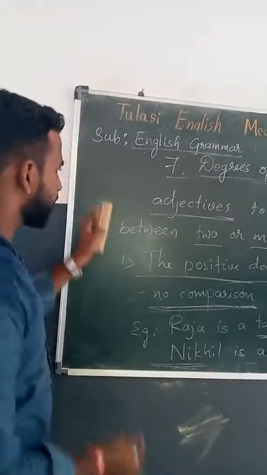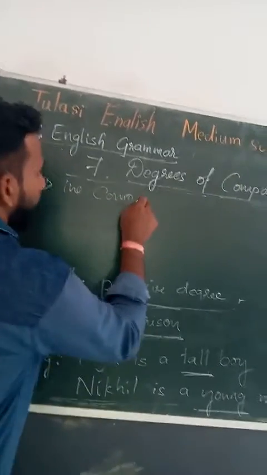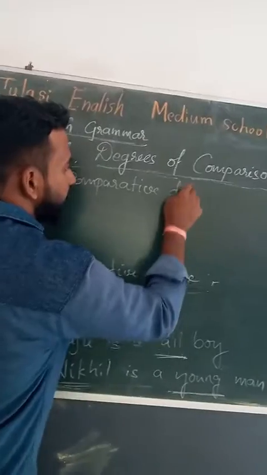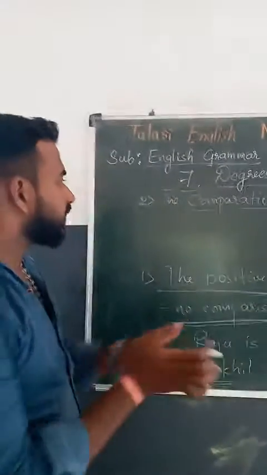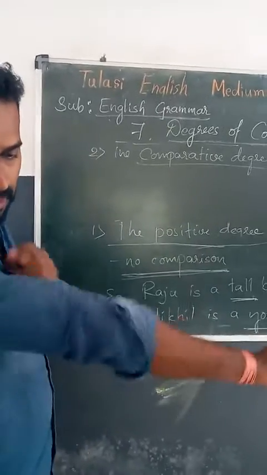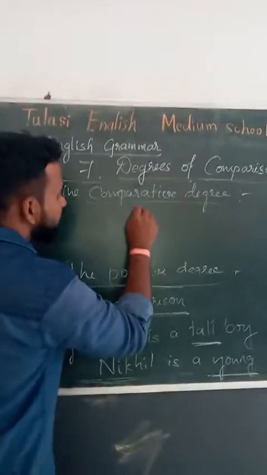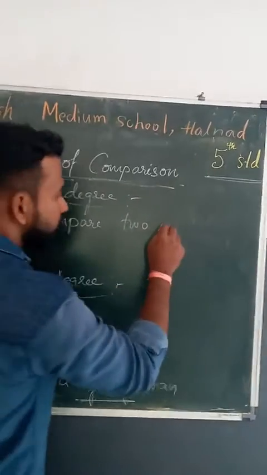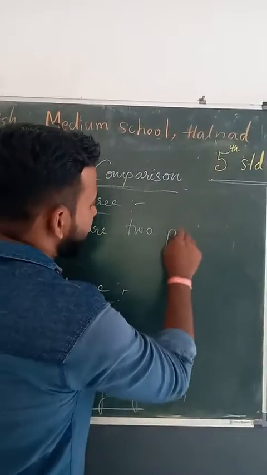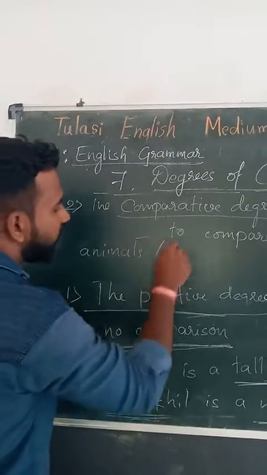Next, second one, comparative degree. Here adjectives are used to compare two people or animals or things.